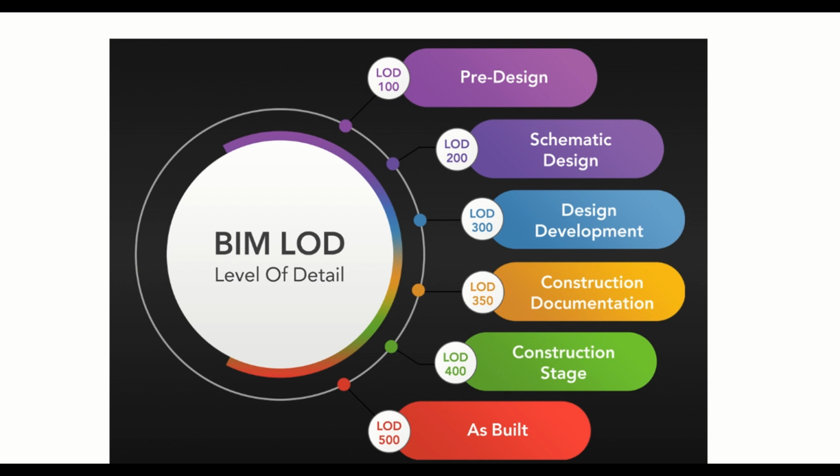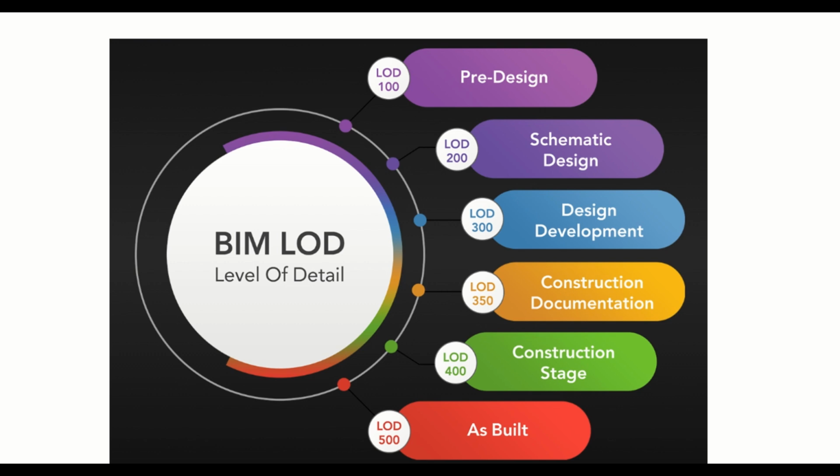So please make sure that at the conceptual stage, every stakeholder works on his own design only and does not collaborate with another guy. This is also done in most cases on a CAD platform only, not in Revit. But if they are working on a Revit cloud platform as well, they are not collaborating with other services.